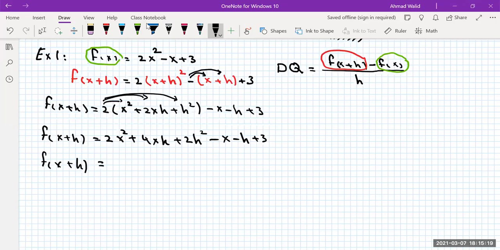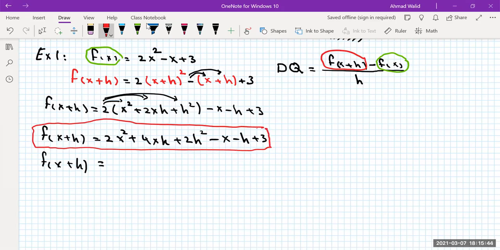Let's make it smaller. Do we have like terms? No, there are no like terms here, correct? This one is x squared, this is xh, this is h squared, this is x, this is h, this is 3. That's it. This is actually my f of x plus h.